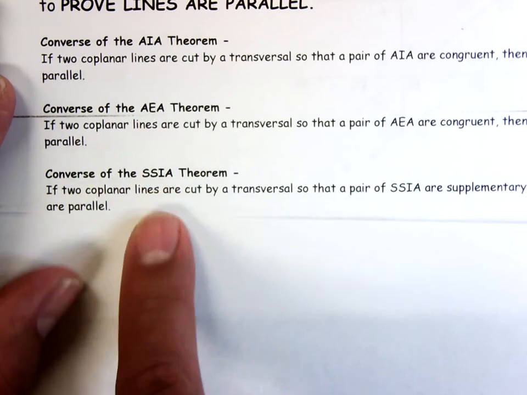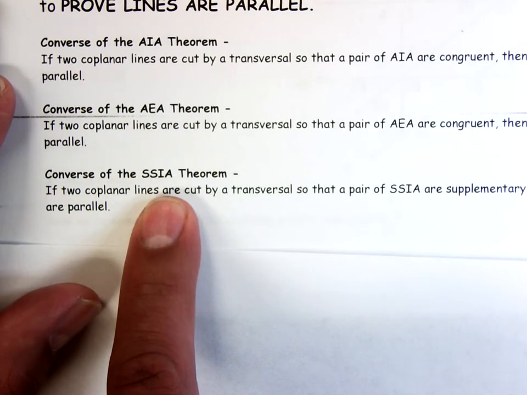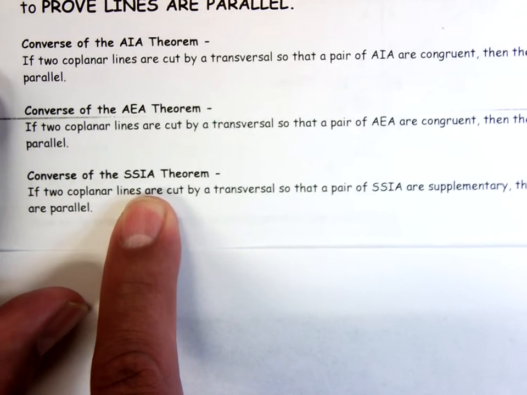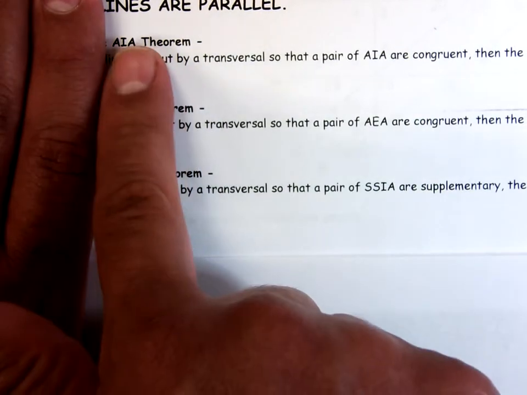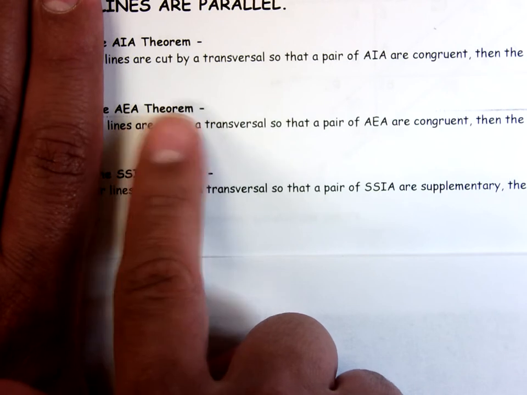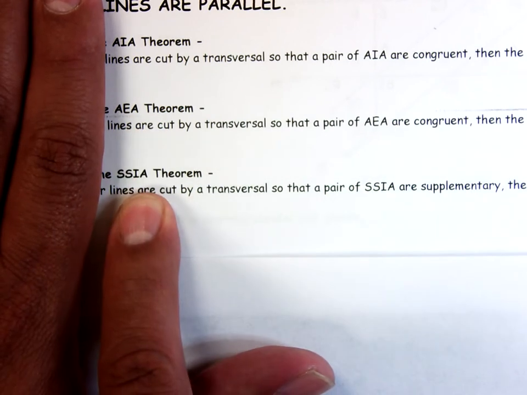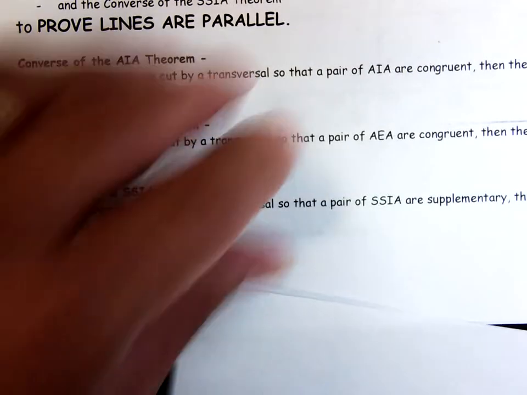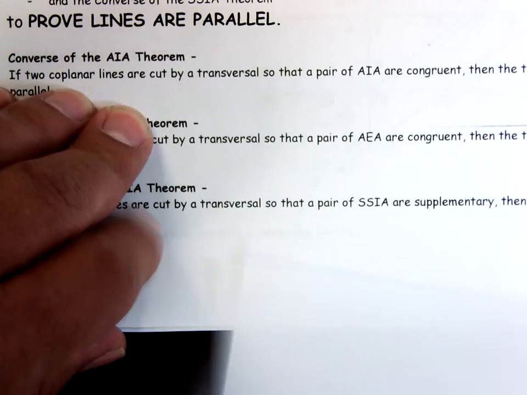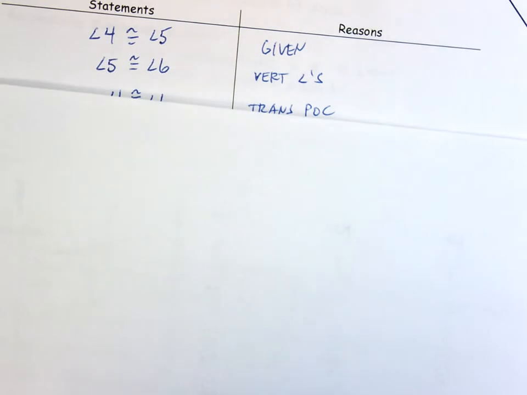And there's the converse of the alternate exterior and same side interior. So we should have already known what these are: alternate interior angles theorem, alternate exterior angles theorem, and same side interior angles theorem. All the converse does is flip it around. All right, we'll do examples in class, but be familiar with what those are and how we'll use them.